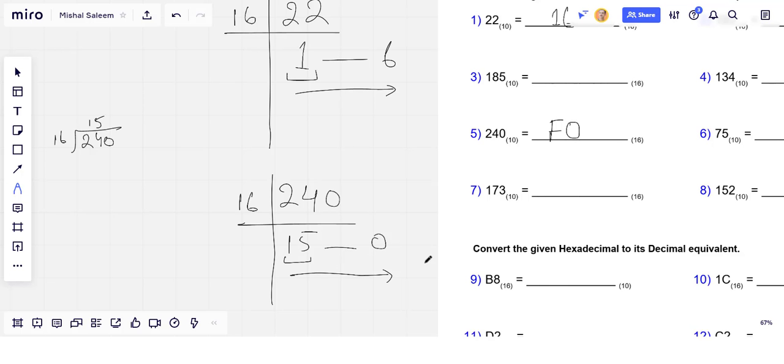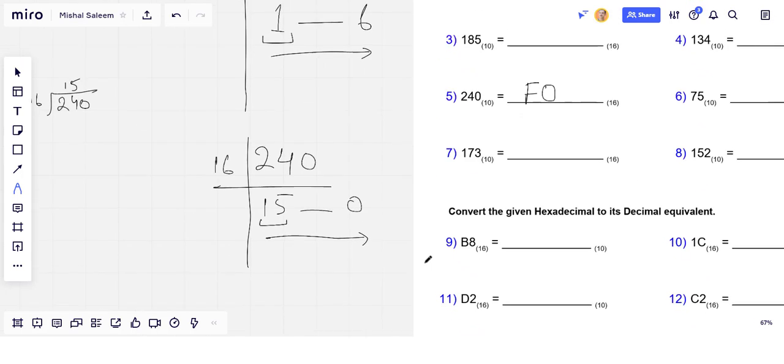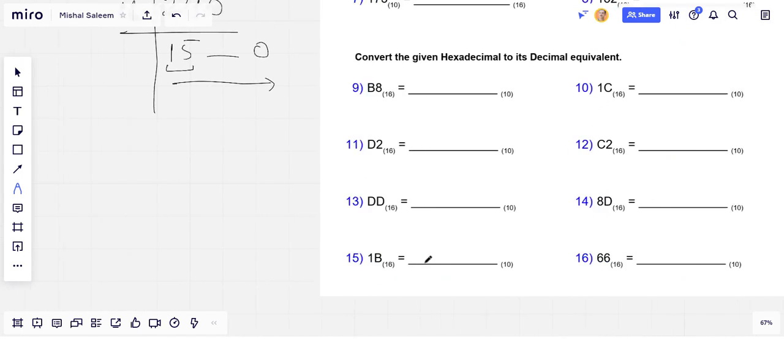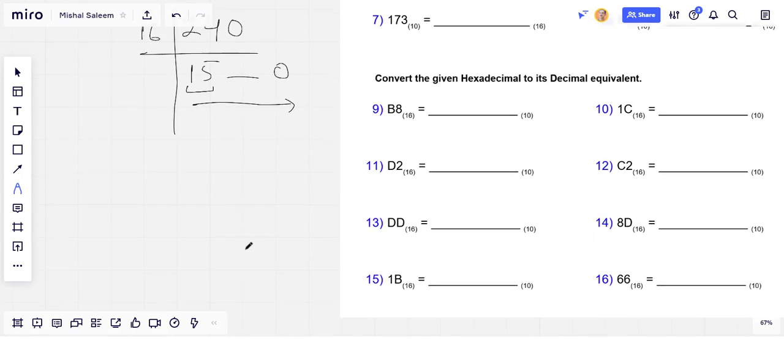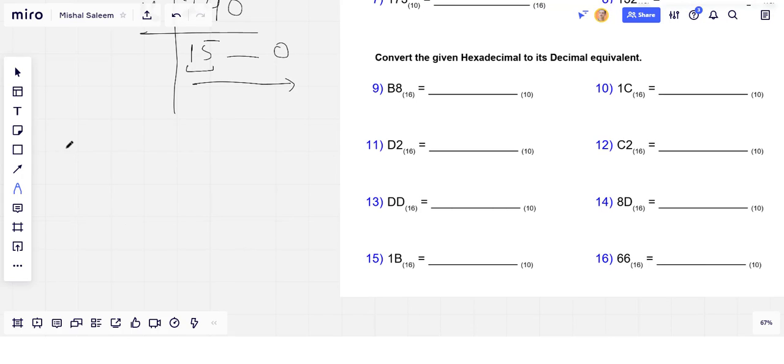Right, now let's move on to the next one, which is convert the given hexadecimal to its decimal equivalent. That's also easy. So the first question is B8. As we are dealing with hexadecimal, so base 16 numbers, take each and every digit and times it by 16.